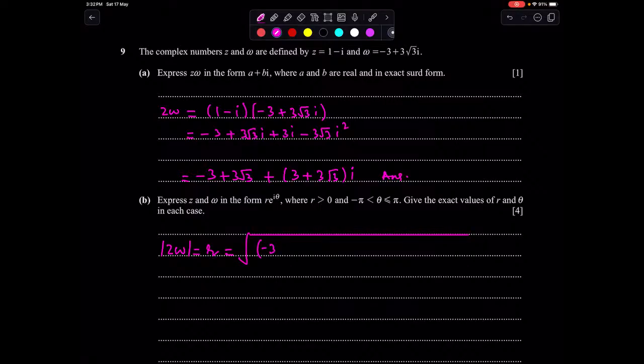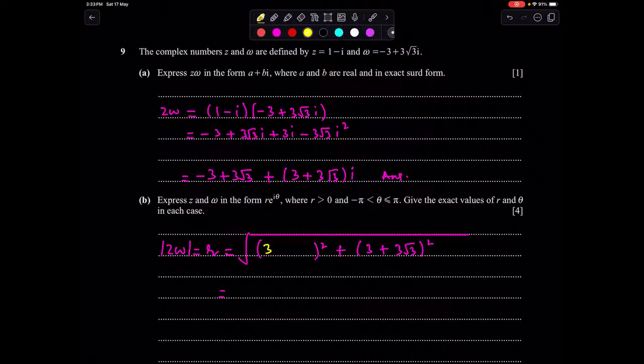So minus 3 plus 3 root 3 square plus 3 root 3 square. Since square is here, you can just switch them to make it easy.